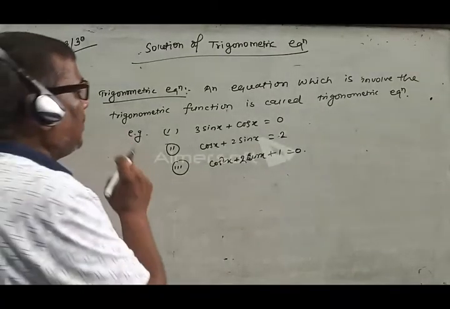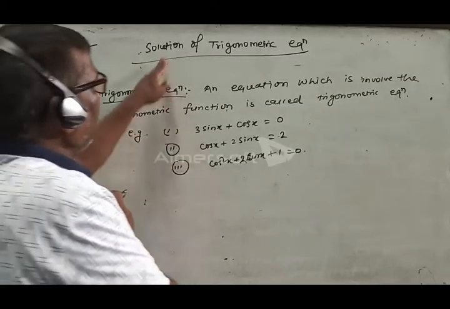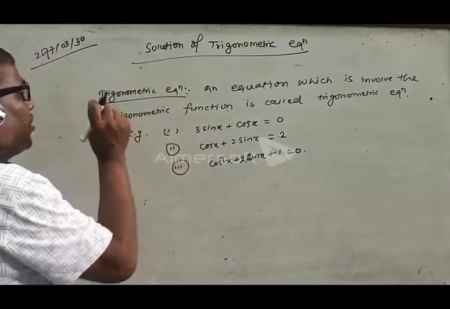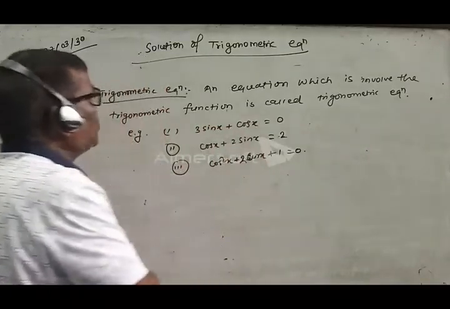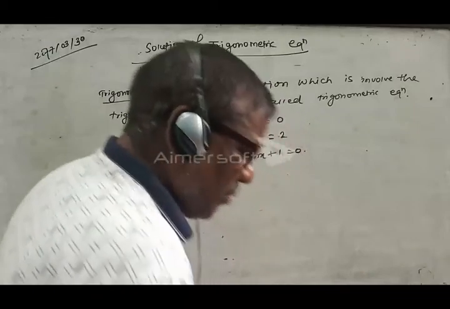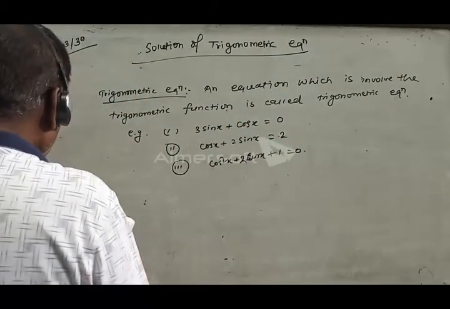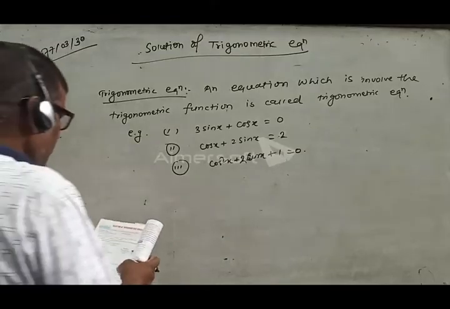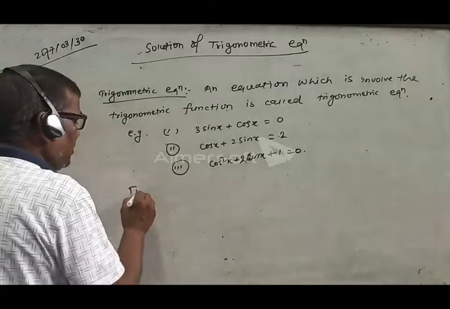Now finding the value of x is known as the solution of a trigonometrical equation. That means finding the value of the angles is called the solution of a trigonometrical equation. Next, the range of the variable and the types of trigonometrical equation.